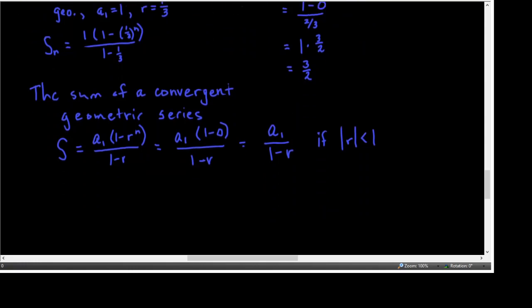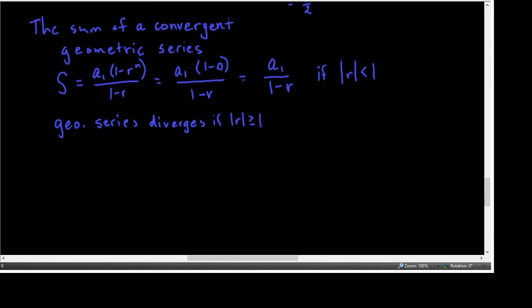By the way, the geometric series diverges if the absolute value of r is greater than or equal to 1. Okay, so that's what that has to be.